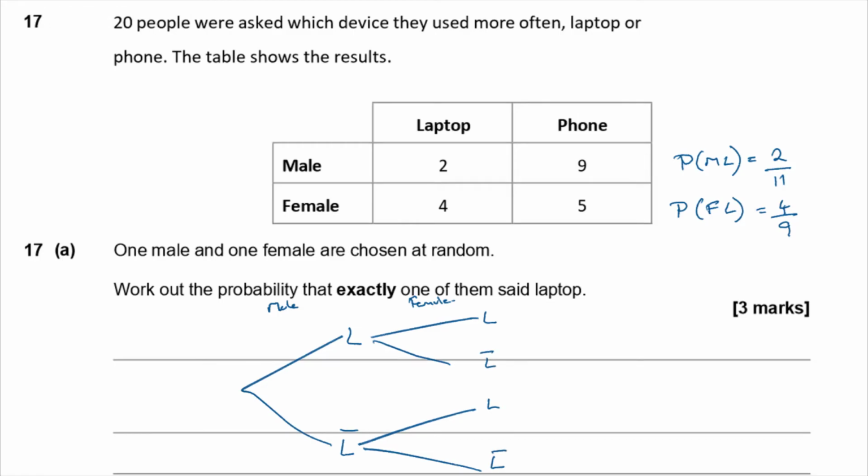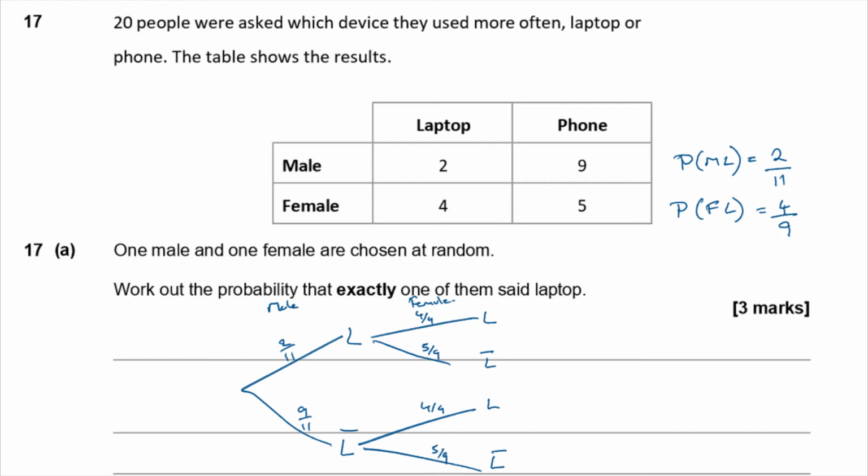Okay, so the probability that the male said laptop was 2 in 11. So the probability that the male didn't say laptop was 9 over 11. Okay, the probability that the female said laptop was 4 over 9. So the probability they didn't say laptop was 5 over 9. And that's going to be repeated down here because they're independent.